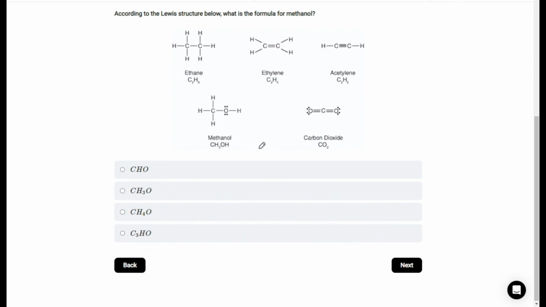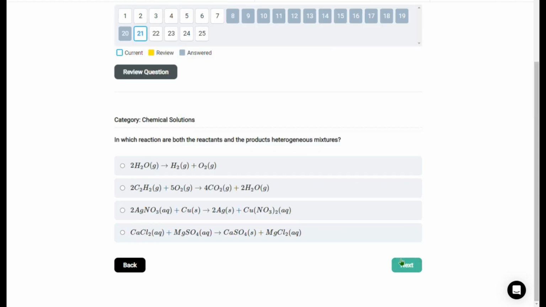So, counting out methanol, we can see that there is a 1C. It doesn't need any subscript here. We can also see that there are 1, 2, 3, 4 hydrogens and 1 oxygen. So, it would be CH4O.